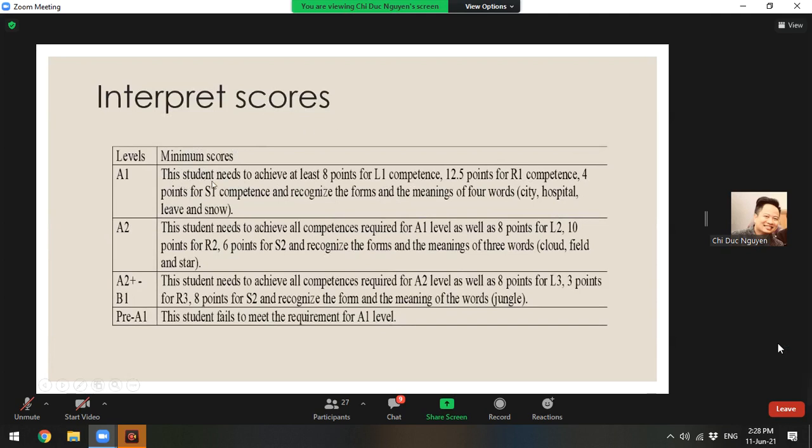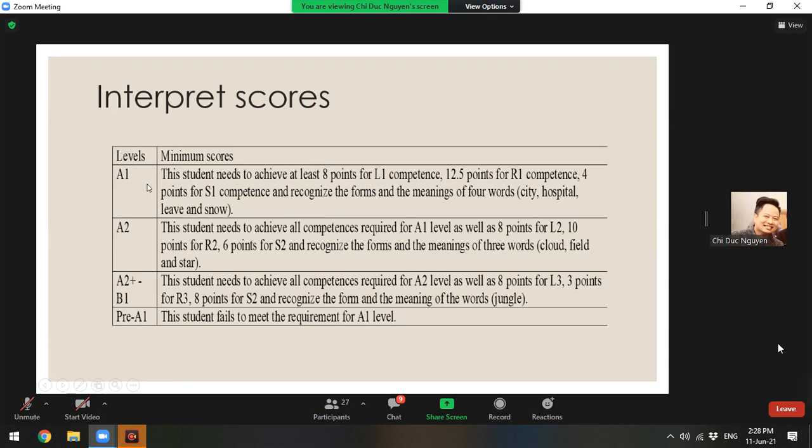For example, this student needs to achieve at least 8 points for the L1 competence, 12.5 points for R1 competence, 4 points for S1 competence, and recognize the form and the meaning of at least 4 words in order to bring enough evidence to say that he or she has already achieved the A1 level from the test.